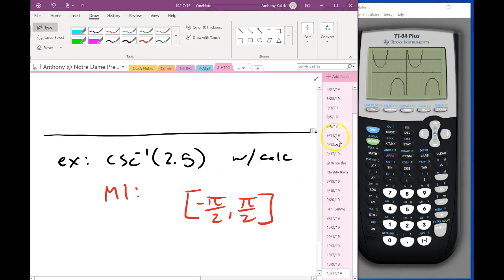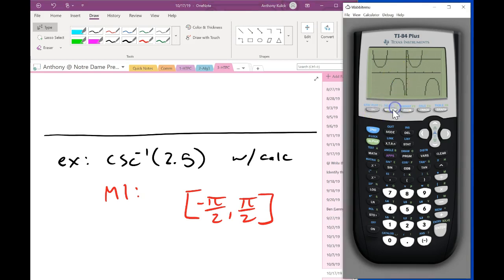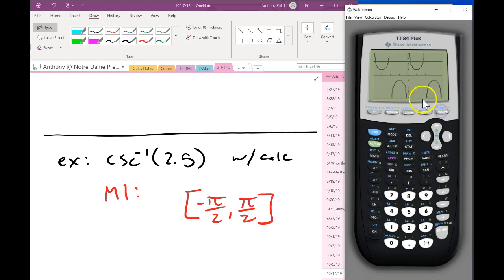So that's going to end up being the closest one to the y-axis here. If we looked at our window, the x scale is 1.57. That's pi divided by 2. So this is like negative pi over 2. This is positive pi over 2. The only solution in there is this one.